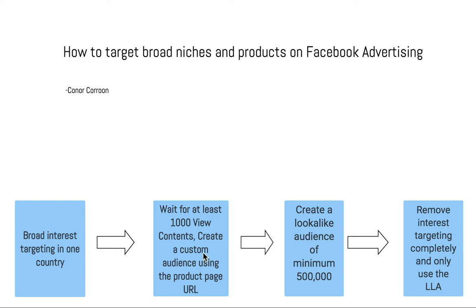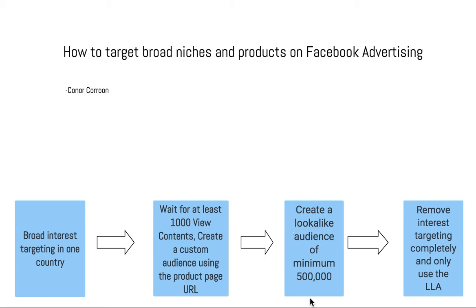Then what you can do is create a custom audience using the product page URL in the audiences tool section of the Facebook ads platform. This is pretty straightforward. I might do a separate video on how to do that if some of the beginners need help with that. From that custom audience, you then create a lookalike audience of minimum 500,000.